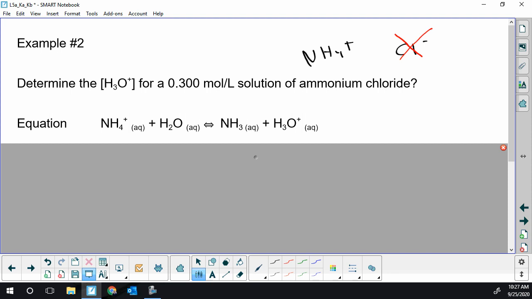So if you did the 5 steps and put ammonium, chloride, and water on a list, you would generate that as your acid-base equation.